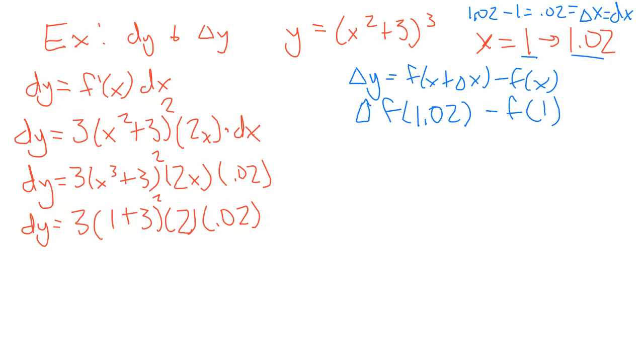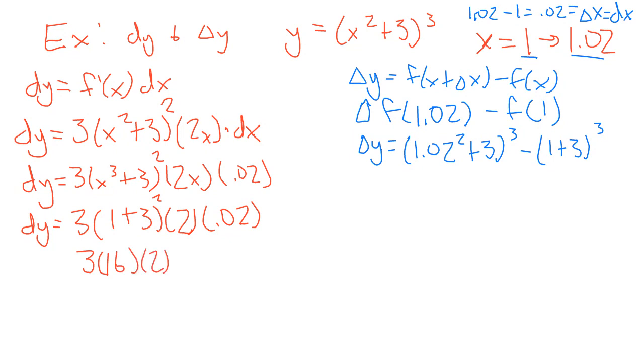Over here for delta y, we just plug it straight in: delta y equals (1.02 squared plus 3) cubed minus (1 squared plus 3) cubed. This gives us a dy of 1.92.